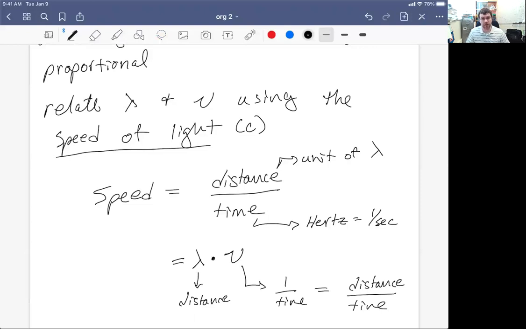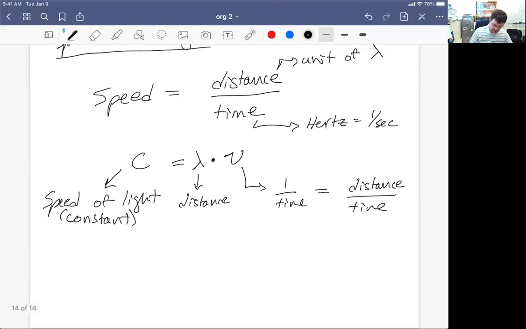For any photon, if you take its frequency and multiply it by its wavelength, you will get a common speed, assuming we're propagating within a vacuum, of c, the speed of light. So this speed of light, c, is a constant that allows us to relate lambda and nu together.